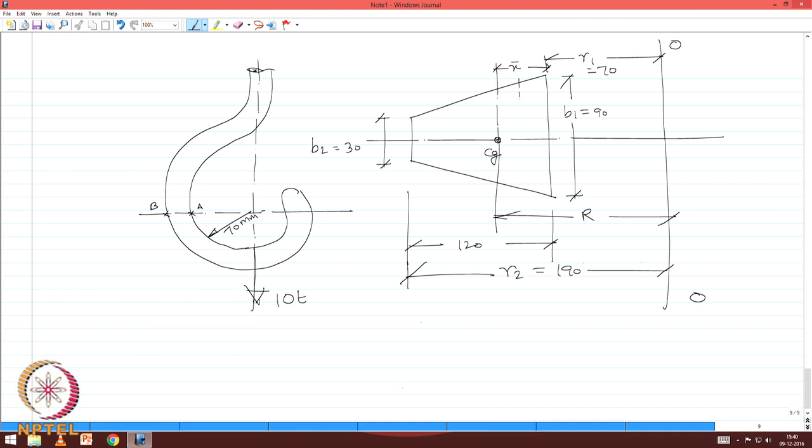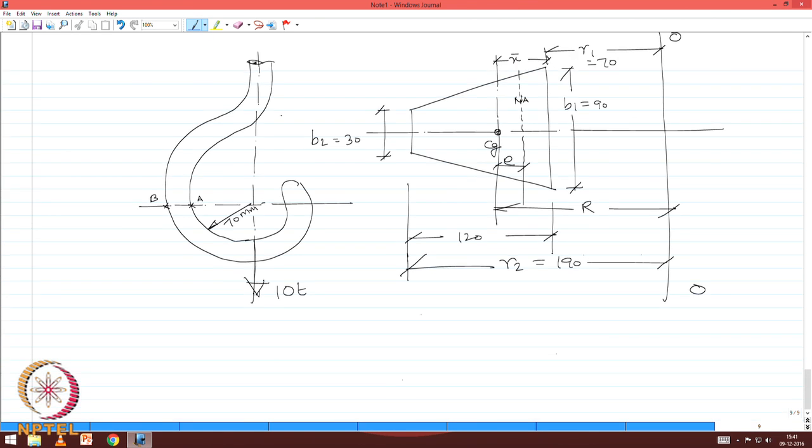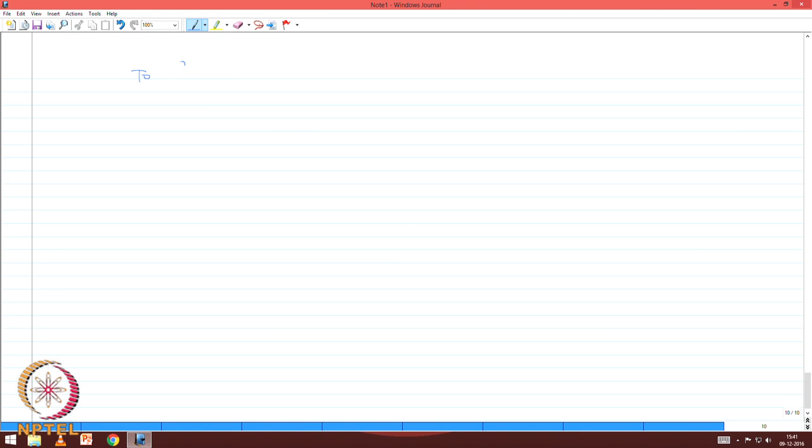The neutral axis will have an eccentricity E. This is my neutral axis, which needs to be computed for this problem. So, the first step is to locate the neutral axis, that is to find x bar, that is the first step. So, x bar can be computed as sigma A x bar by sigma A, first principles.